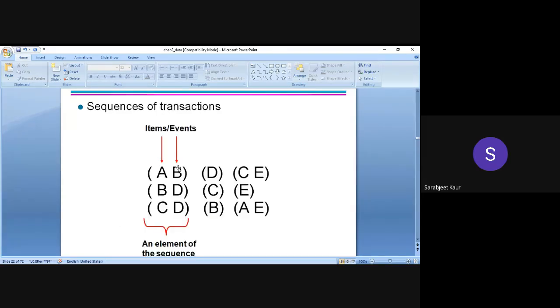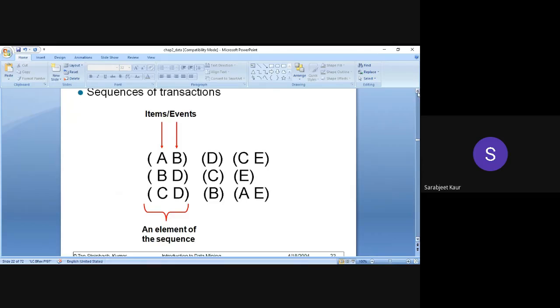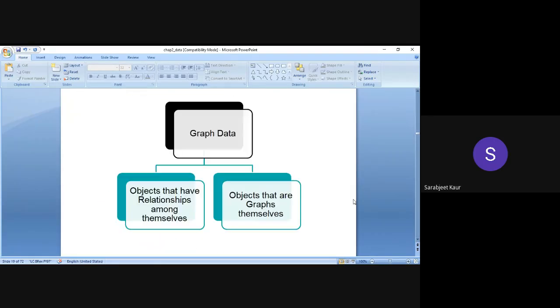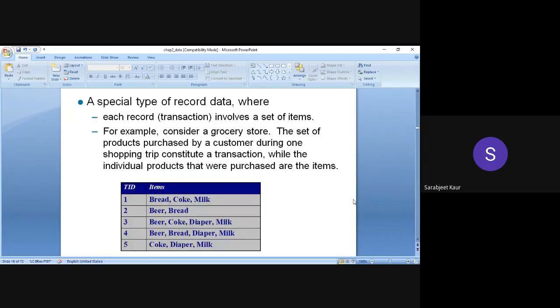Now let us look at another kind of data, that is the transactional data, for example. If you remember the kind of data matrix that I drew for you for the transactional data, I had also written the transaction date and time.